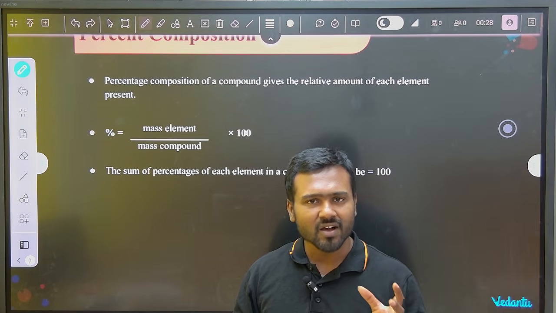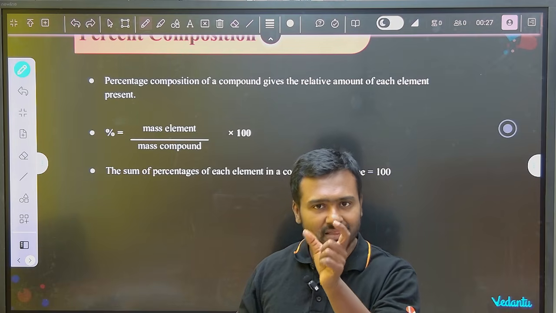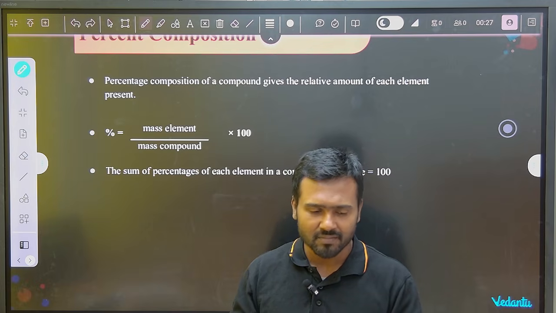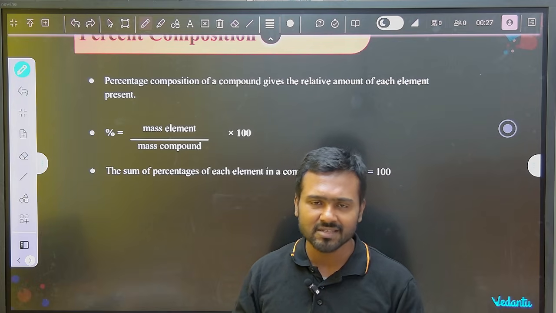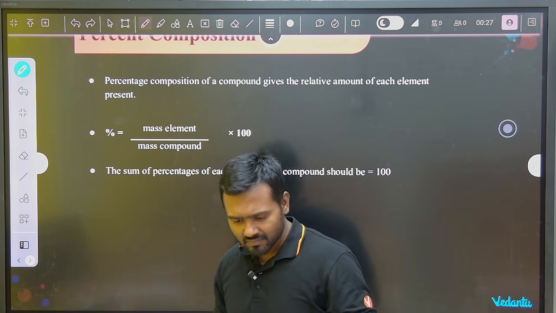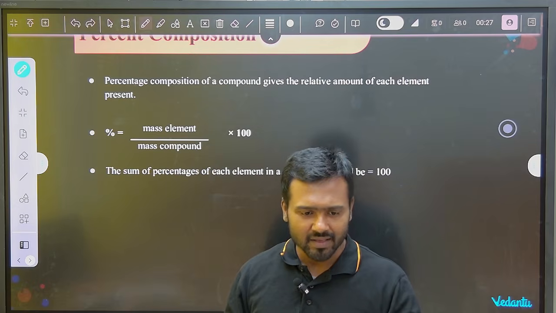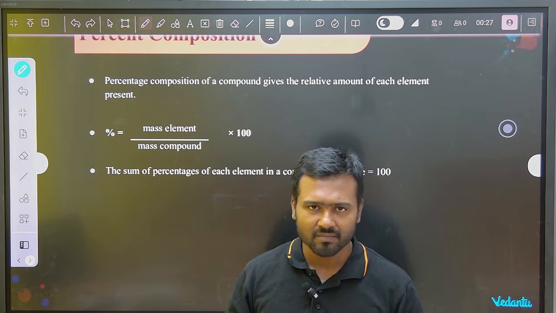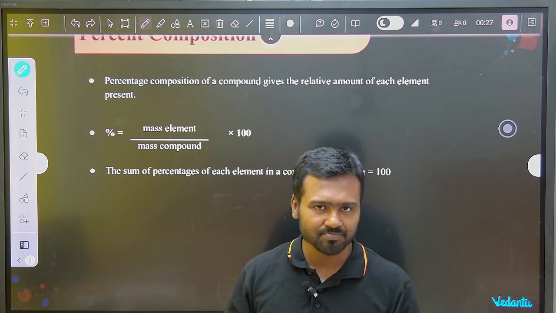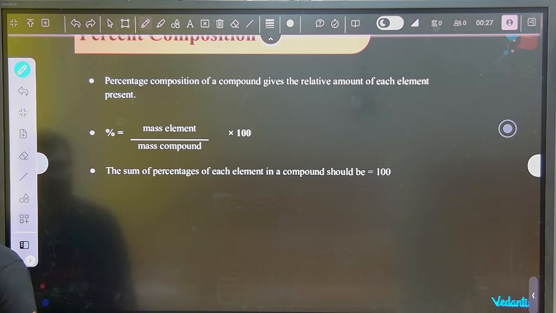The percentage of carbon is equal to the weight of carbon in the compound divided by the weight of glucose, into 100. There are 6 carbons, each one is 12, so the weight of carbon is 72. So 72 by 180 into 100 gives the percentage of carbon present in glucose. Okay, next one.